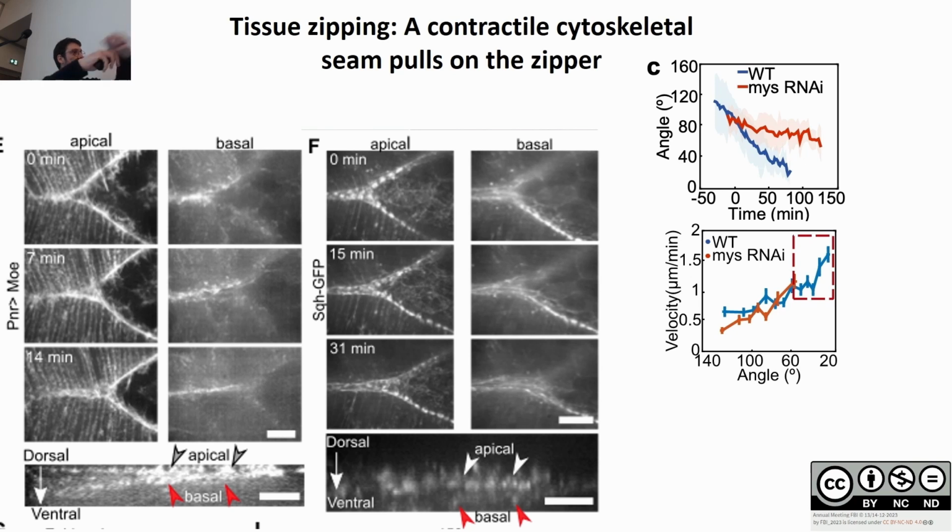So there are two tissues that generate forces, and they are adhered to each other via integrins. And if we affect the integrins, so that's mys in the Drosophila world, the angle does not reduce. So the SIM does not form, the angle does not reduce, we don't reach high velocity, and we have defects in closure. So this is an important thing.